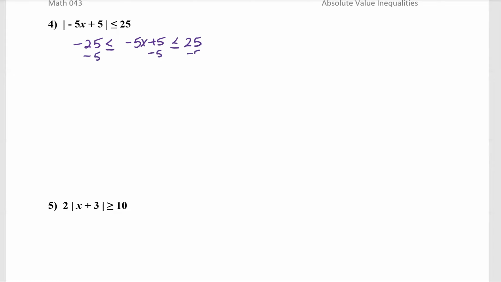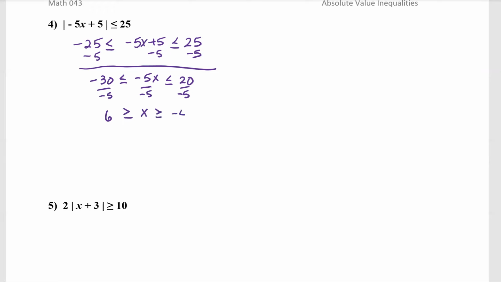Subtract 5 and divide by -5. Recall that when you're dividing an inequality by a negative, you must reverse the inequality signs. So we have 6 is greater than or equal to x, and x is greater than or equal to -4.